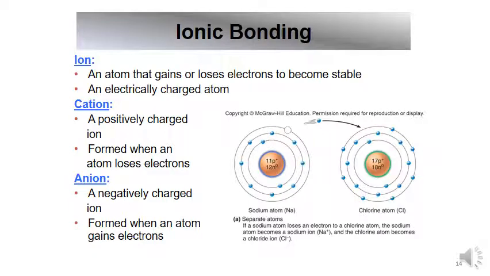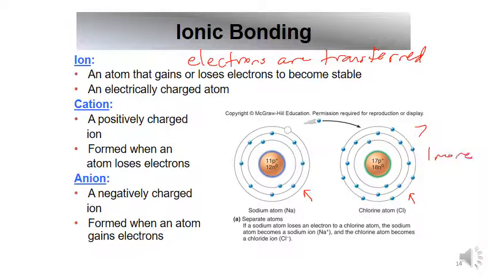Okay, so with ionic bonding, electrons are transferred between the atoms. So if you look at this example, there's the sodium on the left, chlorine on the right. Chlorine has 7 in its outermost shell. It's missing 1.